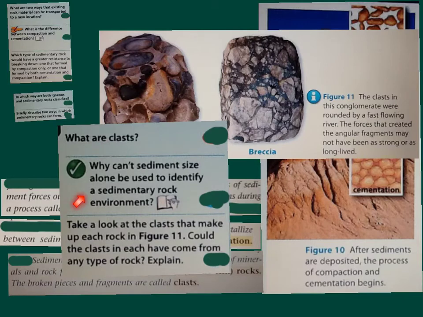The next one, take a look at the clasts that make up each rock in Figure 11. Figure 11 is this here. Could the clasts in each have come from any type of rock? Explain. Okay, so pick one of those three and write the question and the answer. All right, and we'll be discussing those in class.